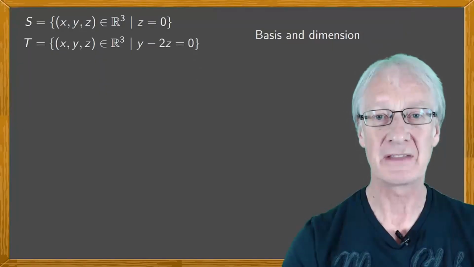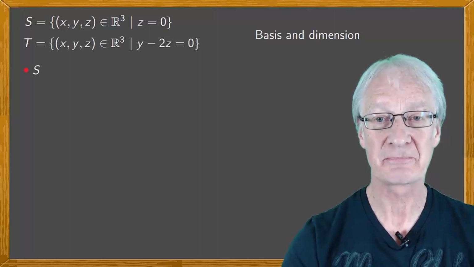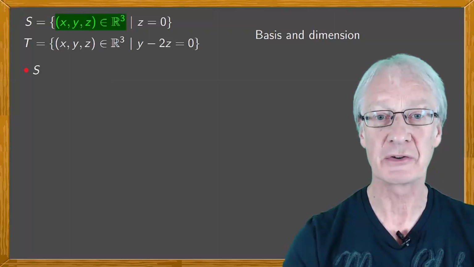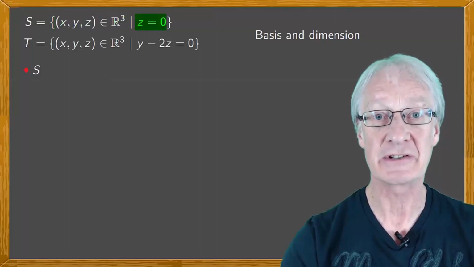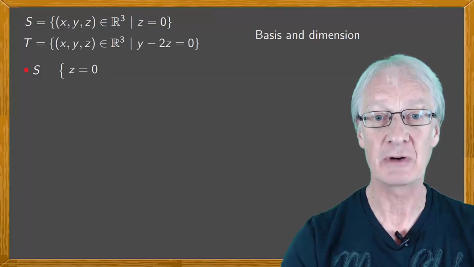We're going to calculate the bases and dimensions of the subspaces S and T shown here. Let's start with S. We know that the vectors of S are those whose components satisfy the equation z equals 0. So our system of equations is a single equation that involves just z.